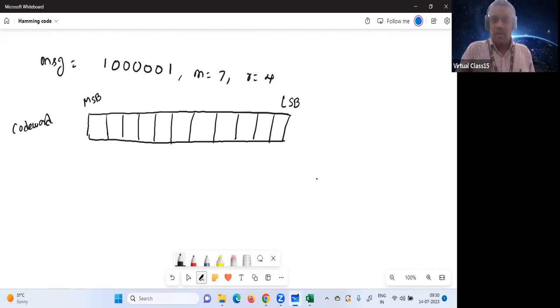Number the positions of the bits starting from 1, from the LSB. This is bit position 1, bit position 2, 3, 4, 5, 6, 7, 8, 9, 10, 11. Is it clear so far?